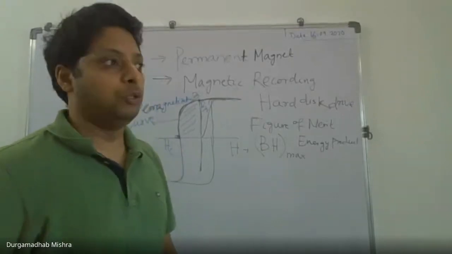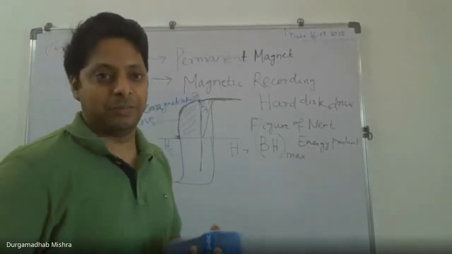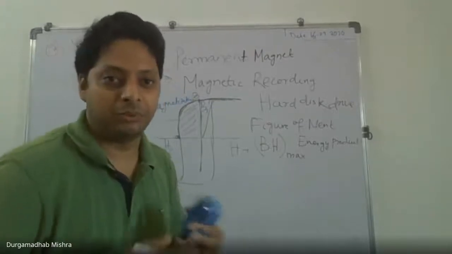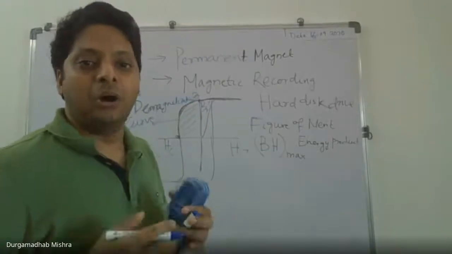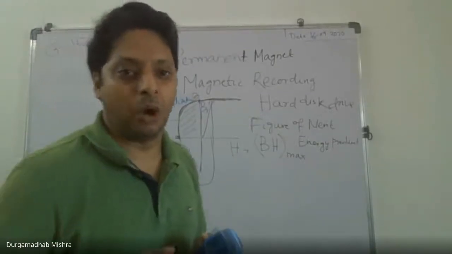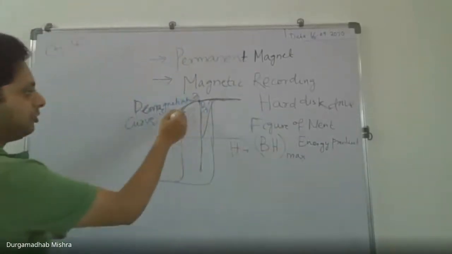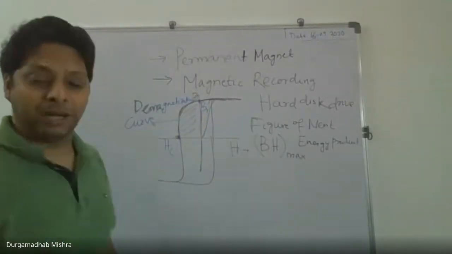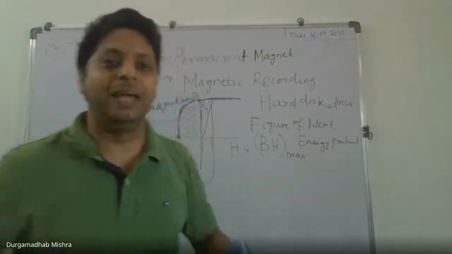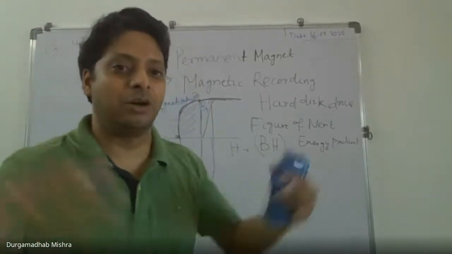If I want to demagnetize the magnet, demagnetize means it will have zero magnetization. How do I achieve that? Is it difficult or easy? The shape of this curve tells you that. For a permanent magnet, what you want is that it should stay magnetic as long as possible.